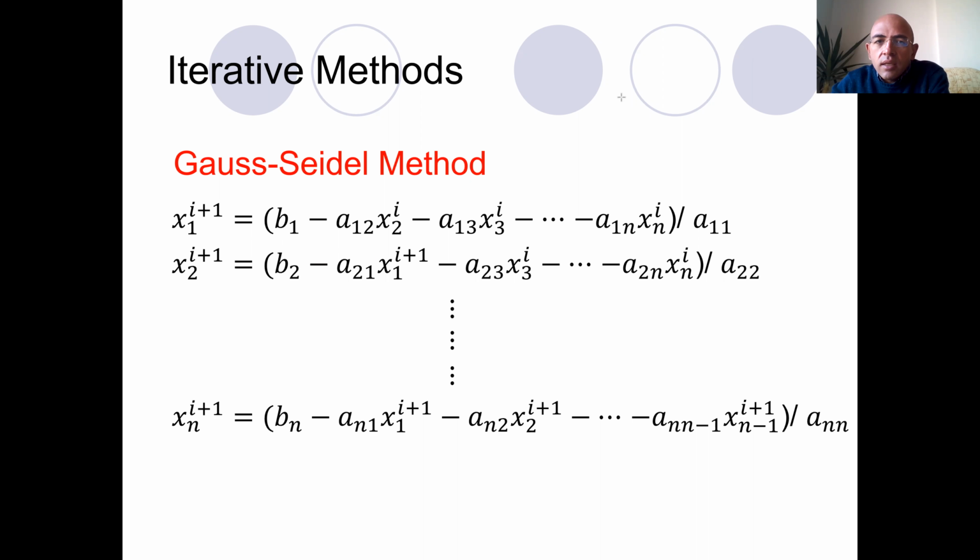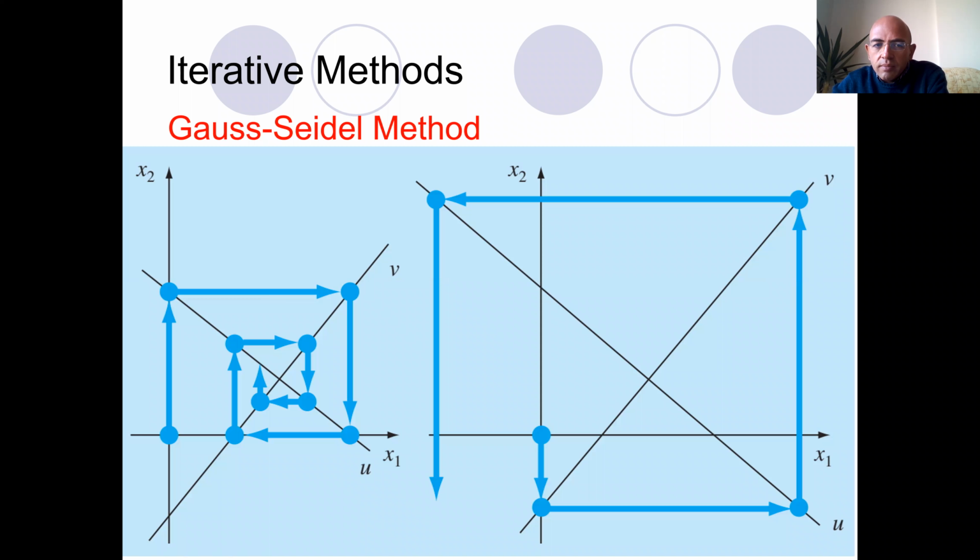So let's see how the Gauss-Seidel method works graphically. Again, you have two equations with two unknowns. Hypothetically, you begin from a certain point, and then you go to the next.